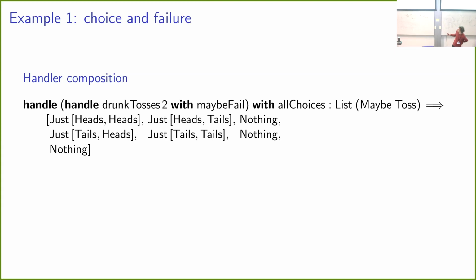But if they drop the second coin, then you get nothing. And then if they get tails, then you can get heads, tails, or nothing for the second one. And then is this when they drop? Yep. I mean, it's supposed to be this part. Typo, sorry.